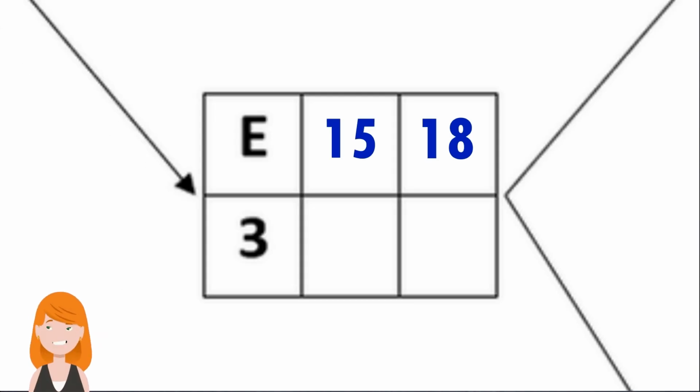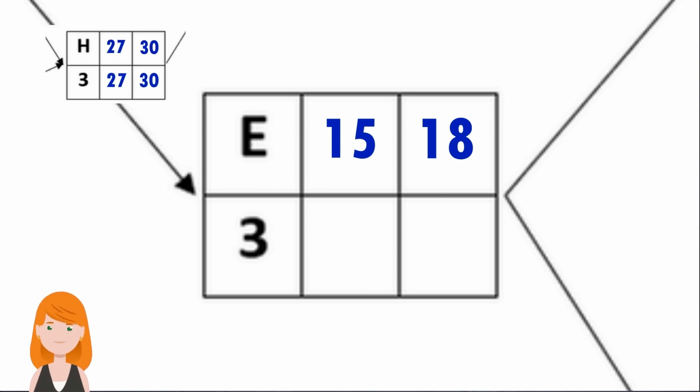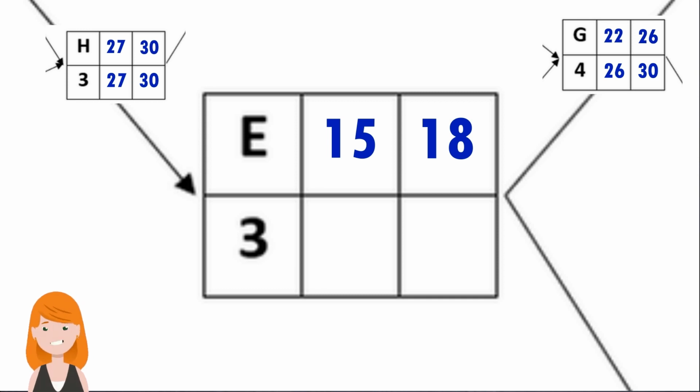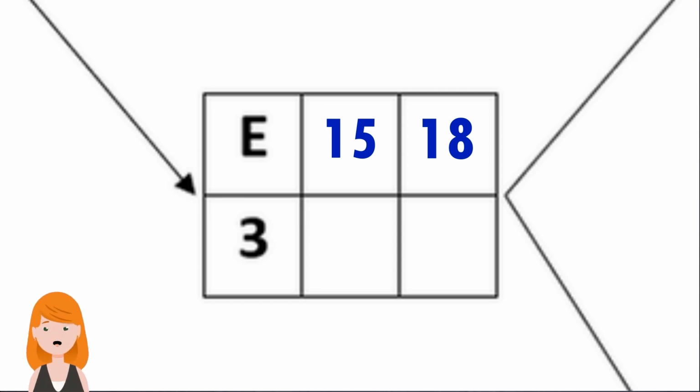Now E has two successors, H and G. Their latest start times are 27 and 26. Thus, the latest finish time for E will be 26, and the latest start time will be 26 minus 3, which gives 23.